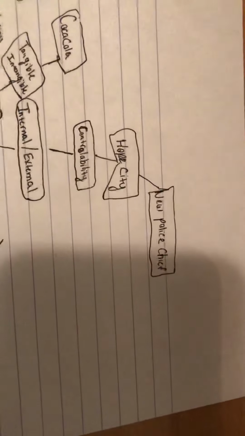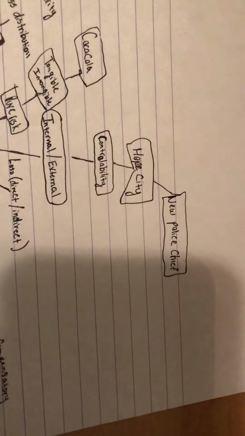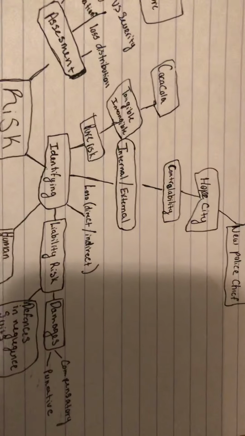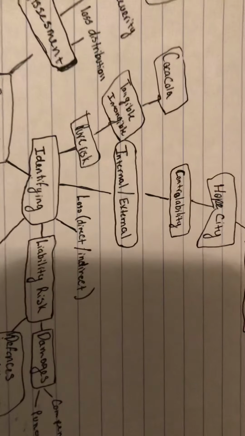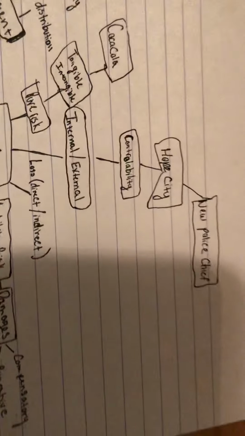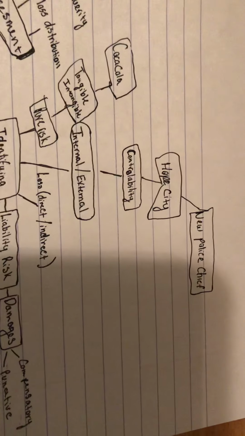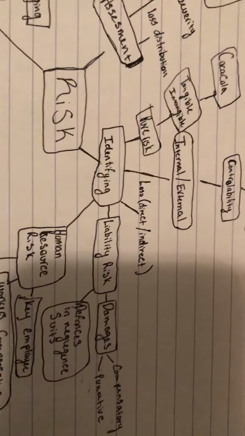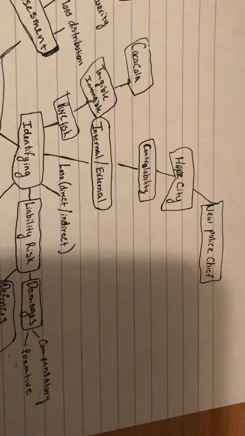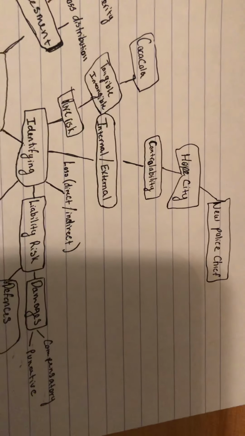That was one of the cases we did where there was a new police chief in a town, and he was trying to identify risk, and he started talking to people internally and externally to figure out what different risks the police department had that could pose a problem for it.